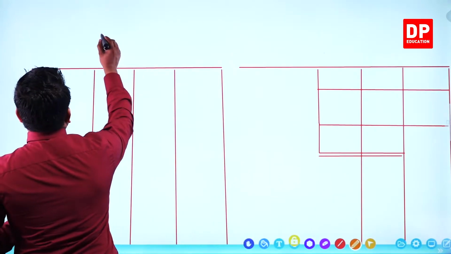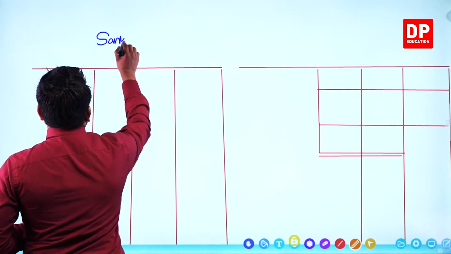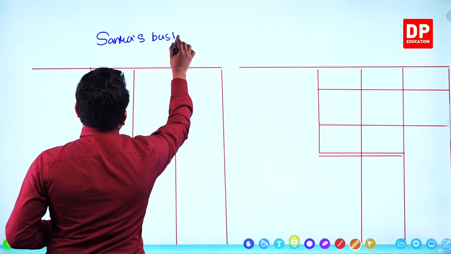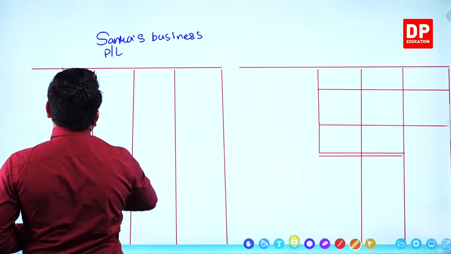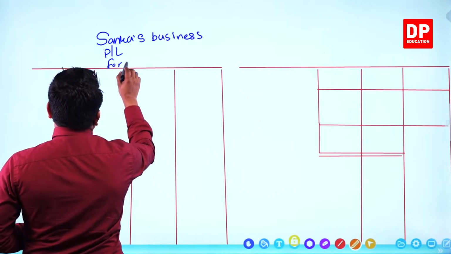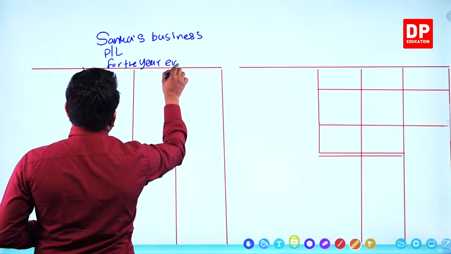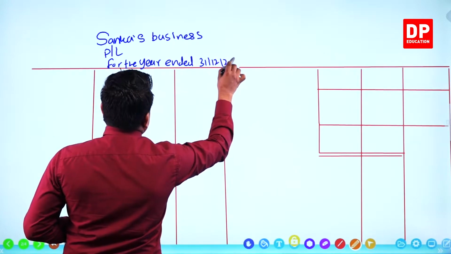So then the name of the business, do you remember? What? Sankar's business, right? Sankar's business. What is this? Profit and loss statement for the year ended 31st December 2018, right?